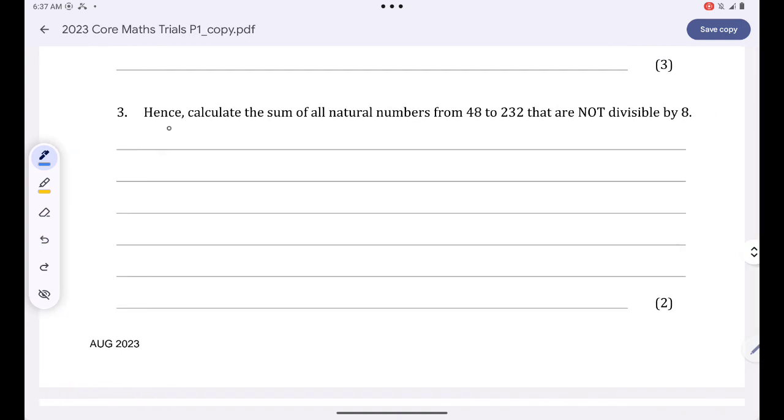Let me just say the sum of all natural numbers is equal to the sum of the ones which are divisible by 8 plus the sum of those not divisible by 8.